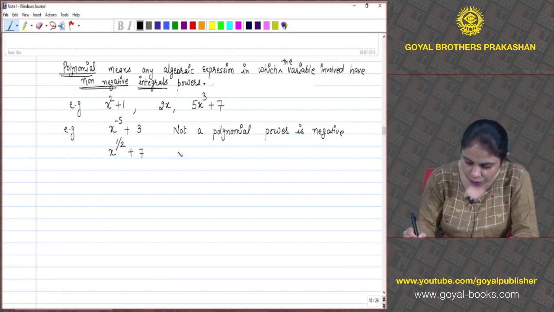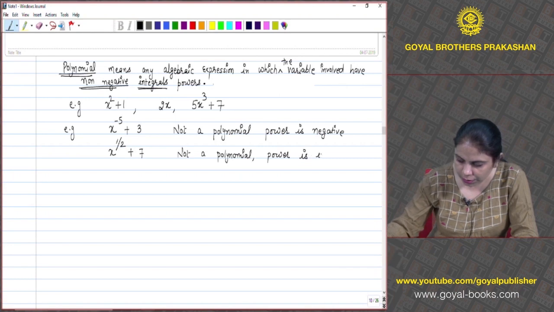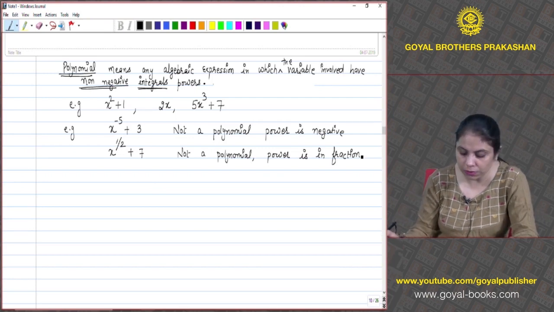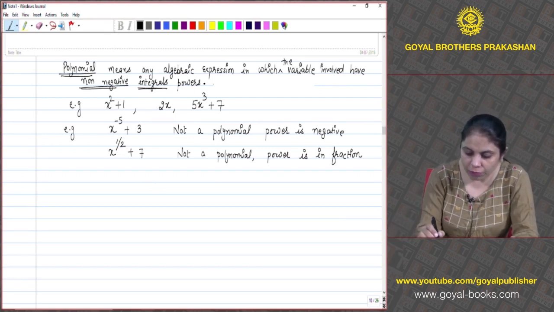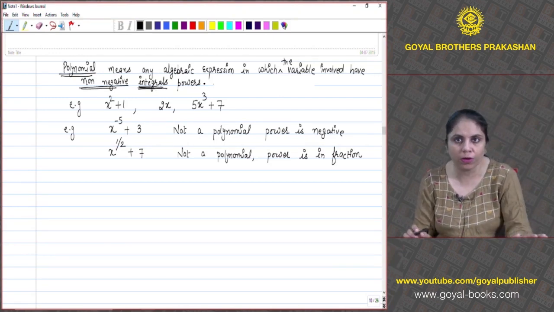This is also not a polynomial. Why? Because here the power is in fraction. Power is in what? Fraction. Clear, students? So we have to consider only the integers, not the fractional parts. Clear, students? What is the meaning of polynomial?